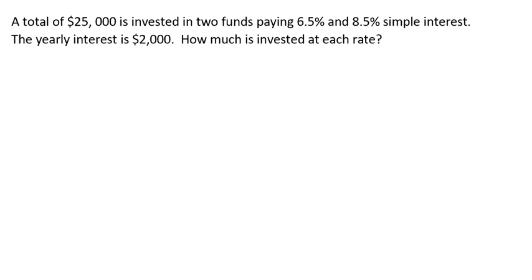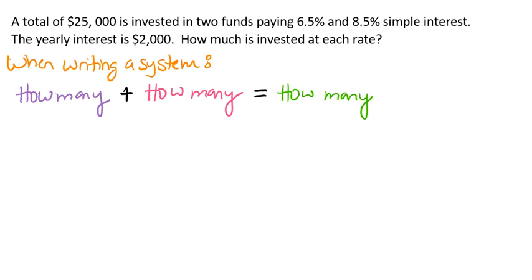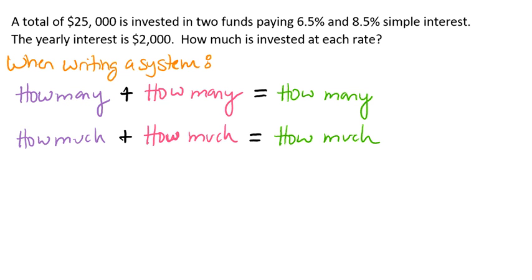When I see problems like this, in order to write them, I like to think how many for one equation, and then how much for my other equation. So what does that really mean? Well, $25,000 is invested. That's going to be our first how many, because we're going to have so many of our first fund and so many of our second fund, and they're going to add up to $25,000 total investment.